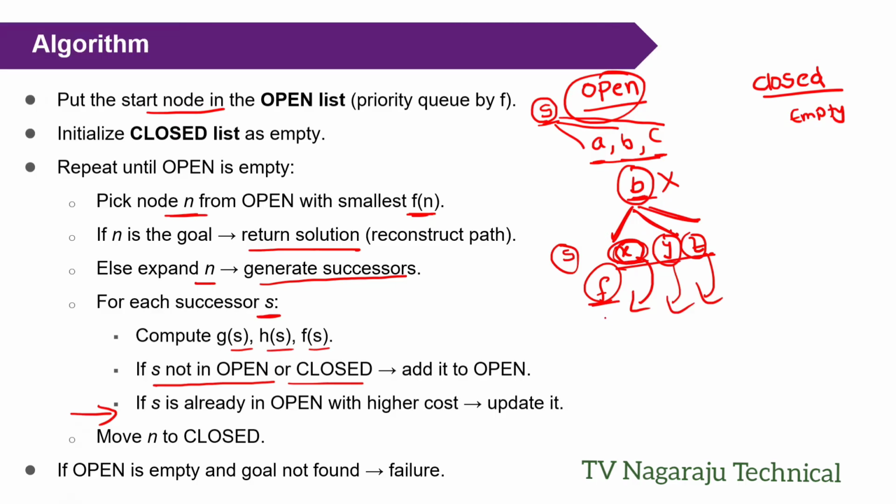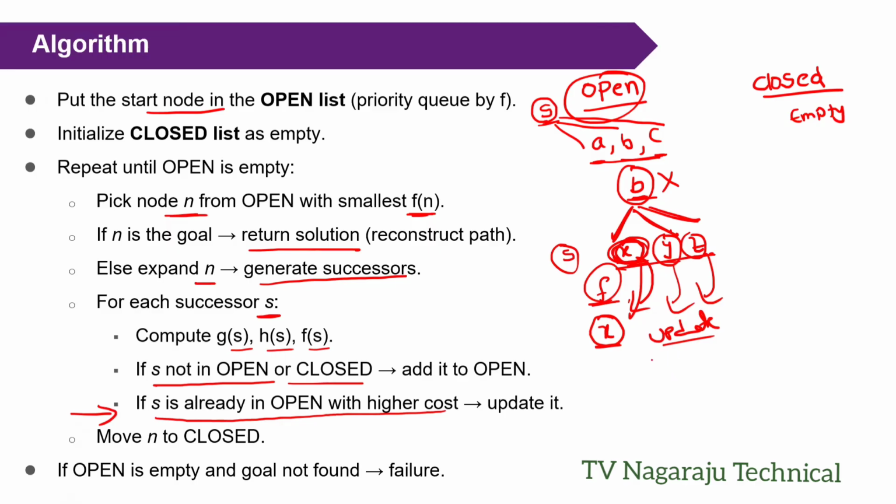Suppose the open list already contains X, and now I get one more X. If the node is already in open with a higher cost, and this one has the lower cost, then you need to update it immediately. So the same process is repeated.